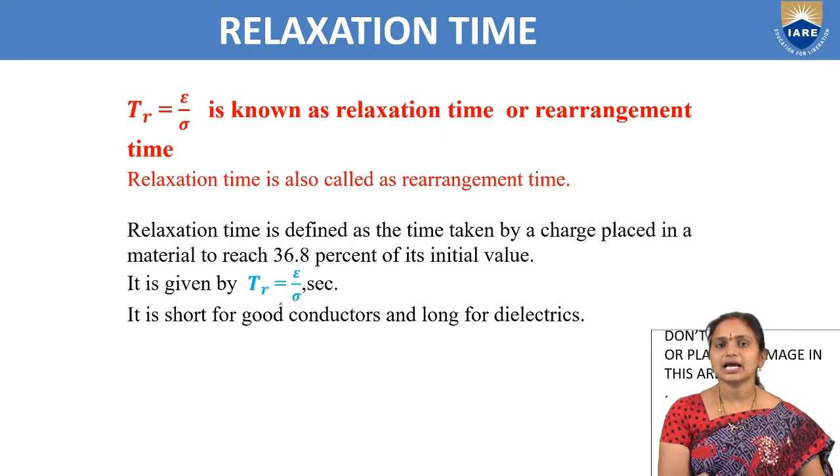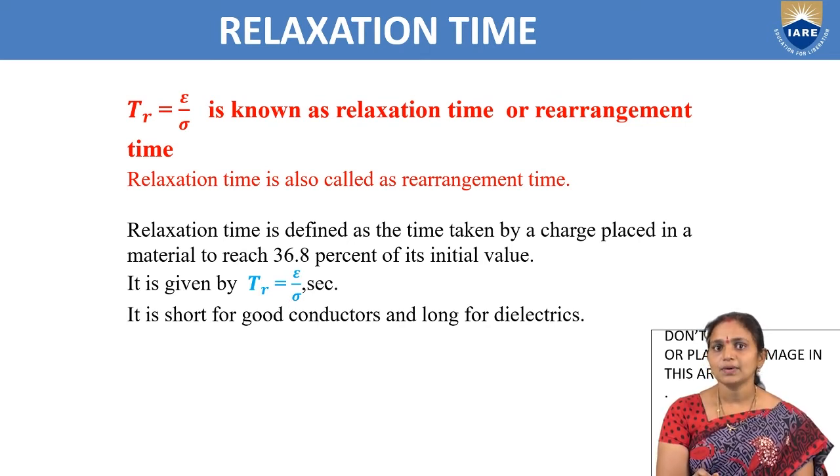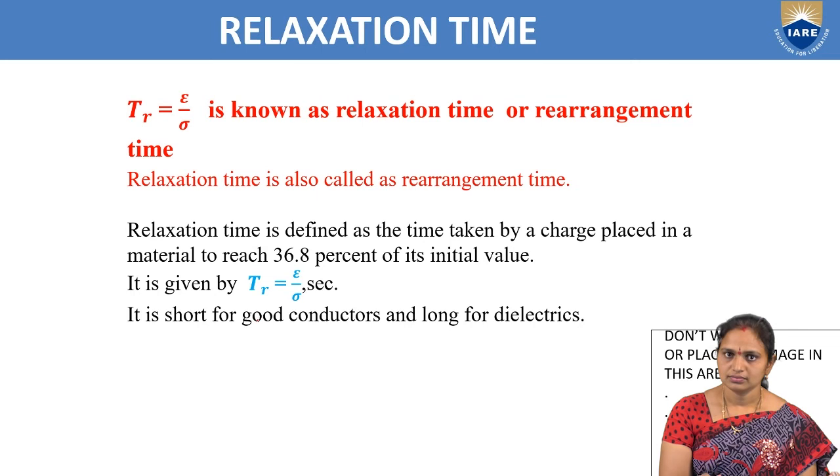As relaxation time is inversely varying with conductivity, if you go for the classification of materials based upon the conductivity property, sigma, for a good conductor sigma is large, so relaxation time is short.